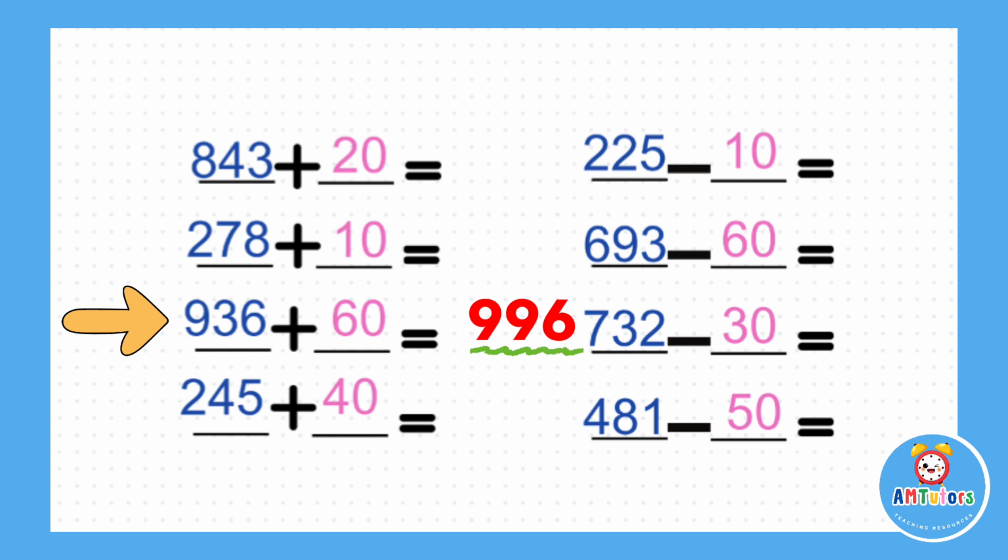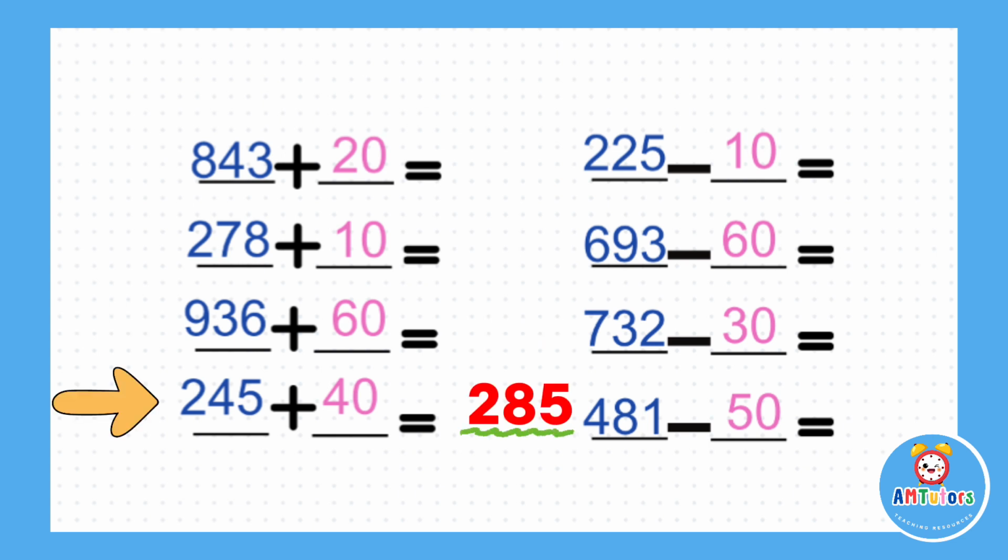Number 3, 936, add 60 will give you 996. The last one in the addition equations, 245, add 40 will give you 285.